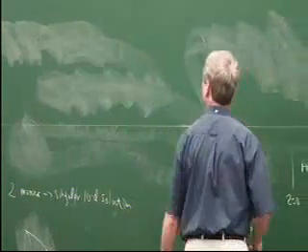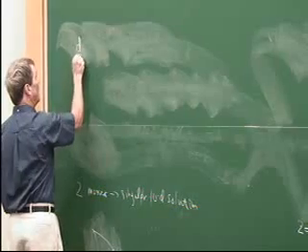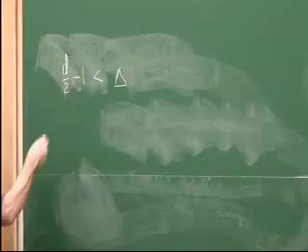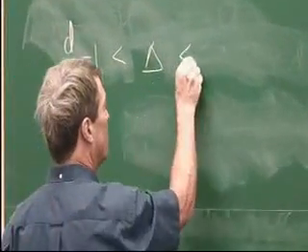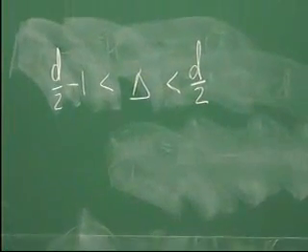Now, some CFTs have operators in the range between the minimum allowed by unitarity, by the conformal algebra, and half the dimension of the space-time of the CFT.